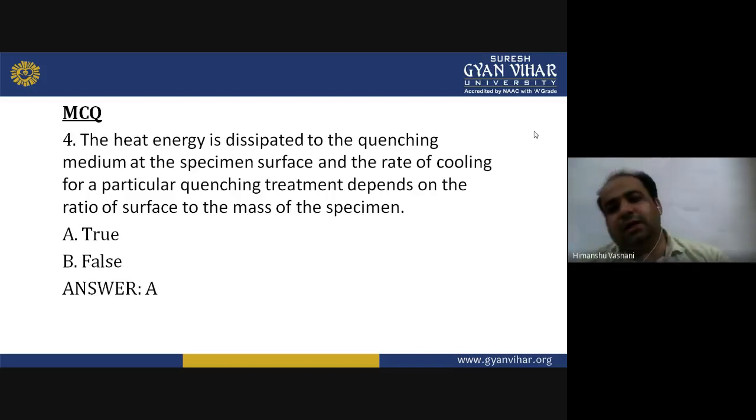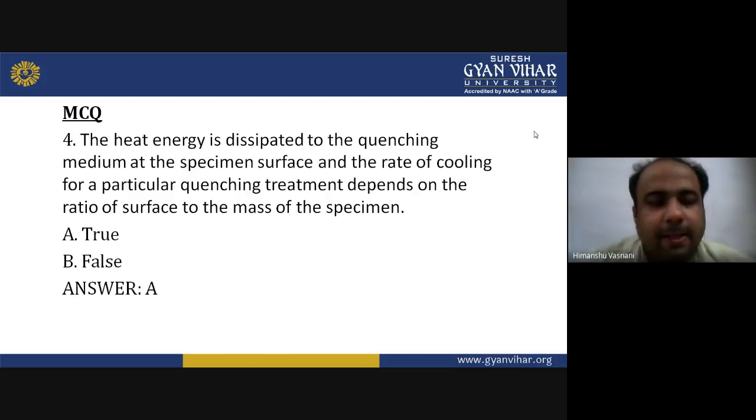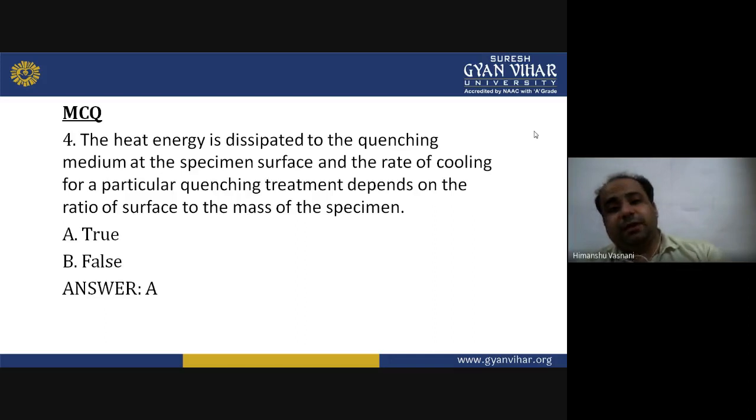If we understand this statement in depth, the heat energy is dissipated to the quenching medium, in which we are dipping the workpiece, at the specimen surface, obviously, and the rate of cooling depends on the ratio of surface to the mass of the specimen. So it is true. It depends on the mass.